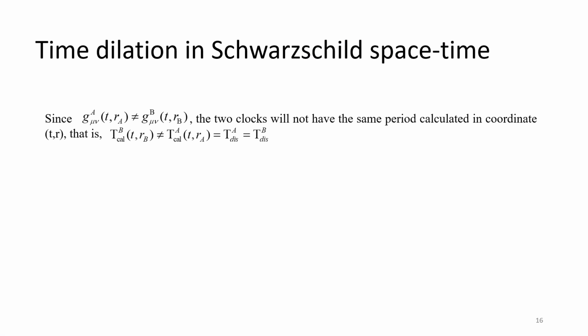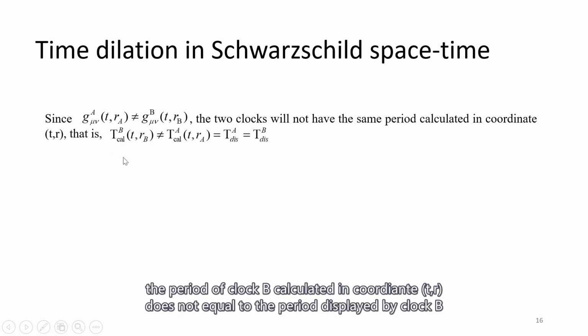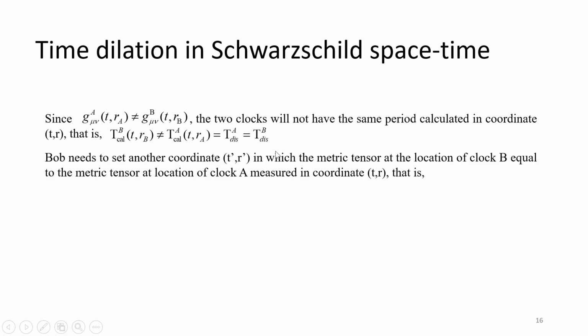Since g_A does not equal g_B, the two clocks will not have the same period calculated in coordinate t, r. That is, the period of clock B calculated in coordinate t, r will not equal the period displayed by clock B. Therefore, Bob needs to set another coordinate t', r', in which the metric tensor at the location of clock B equals the metric tensor at the location of clock A measured in coordinate t, r.